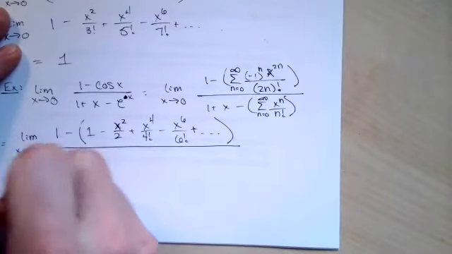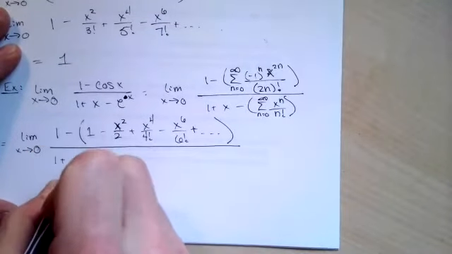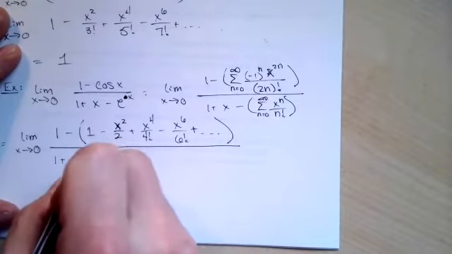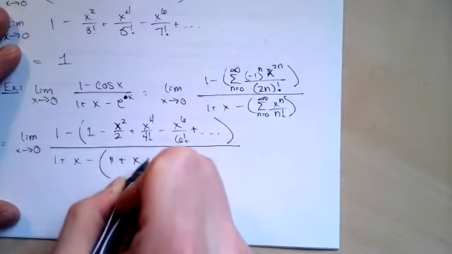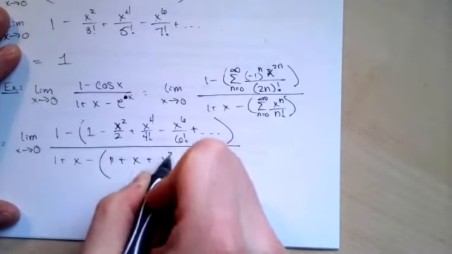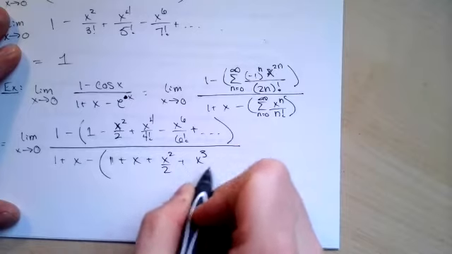Divided by 1 plus x minus, let's go ahead and write out e to the x, 1 plus x over 2, x squared over 2, plus x cubed over 3 factorial.